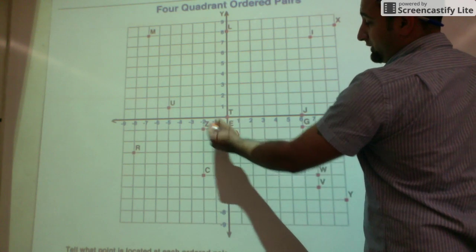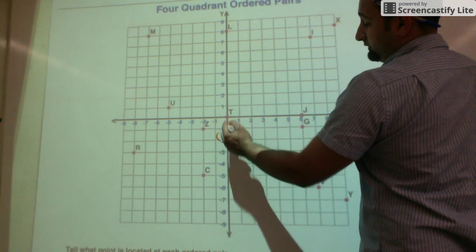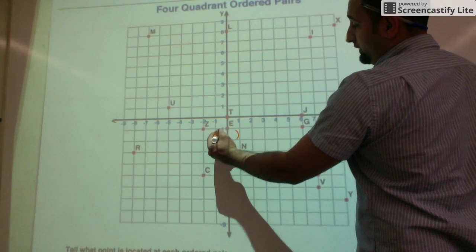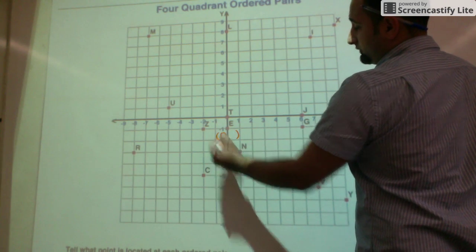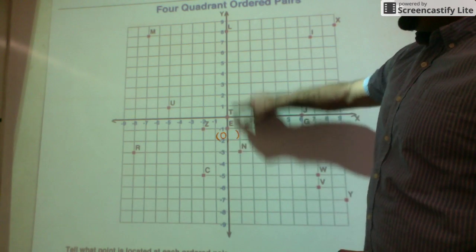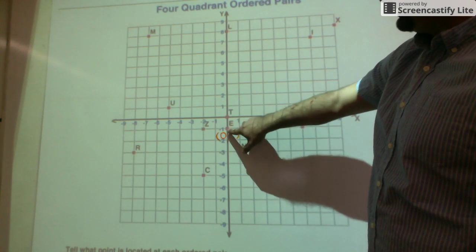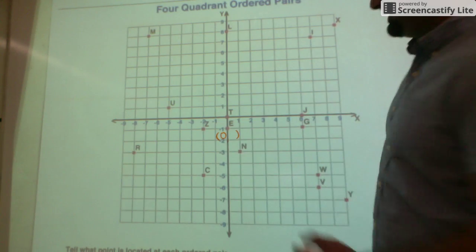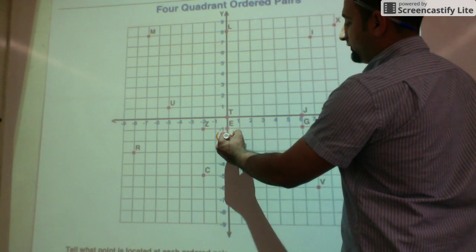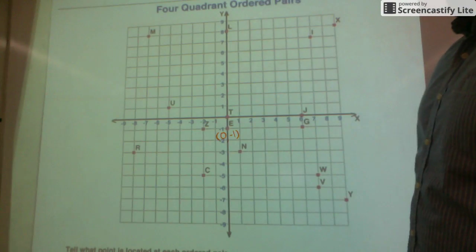Well, E is not going left or right. It actually stays at this point. And what is that? That's 0. And y-axis is going up and down. So does it go up or down? Well, it's down. It's down at this number, and that number is -1. So our point for E is (0, -1).